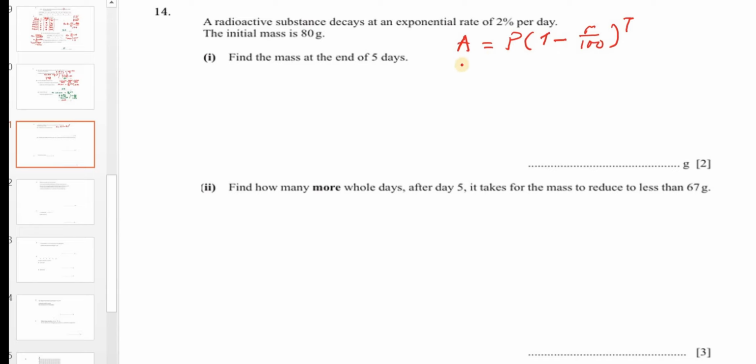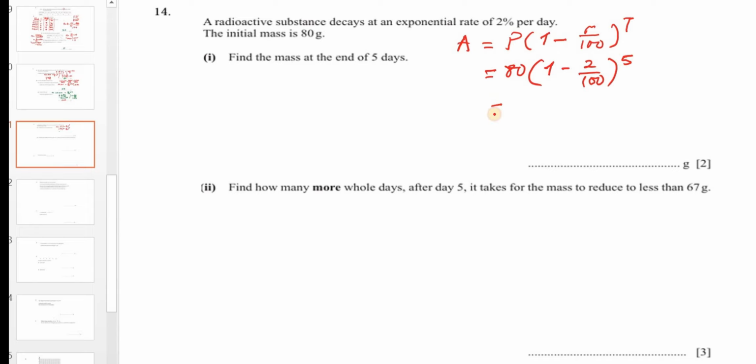Then the amount after 5 days, with the rate of reduction at 2%, is the initial 80 grams times 1 minus 2 over 100, raised to the power of the number of days, that's 5 days.